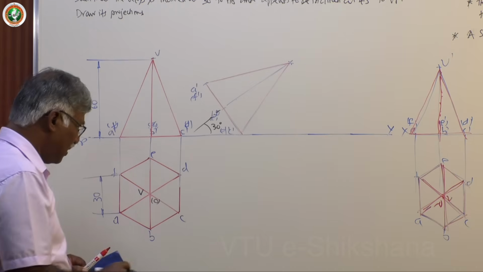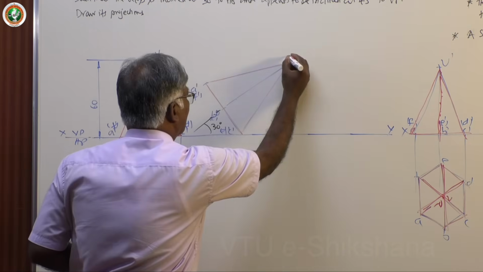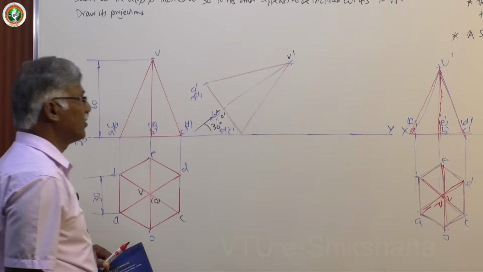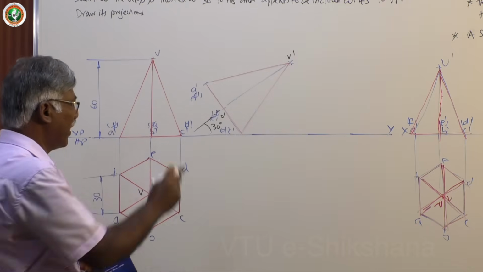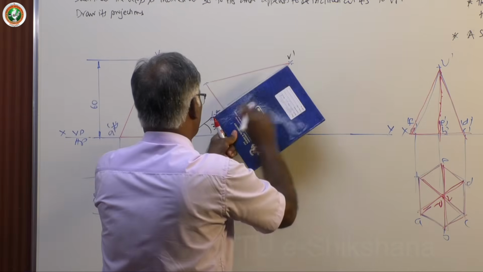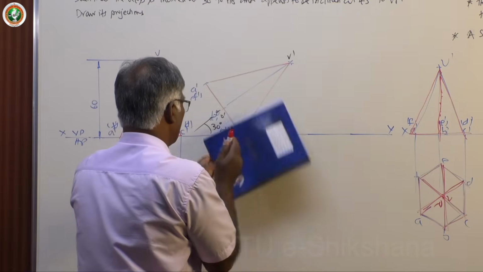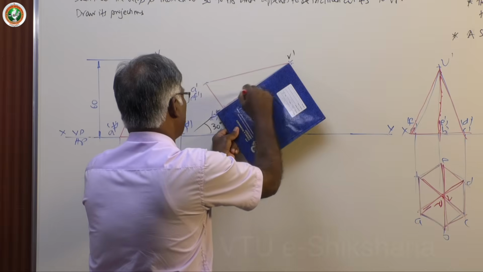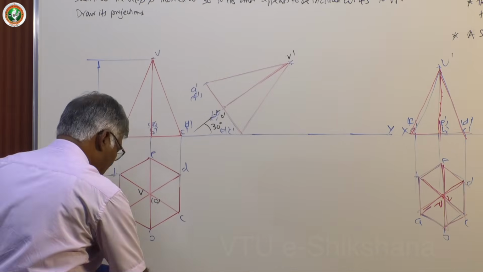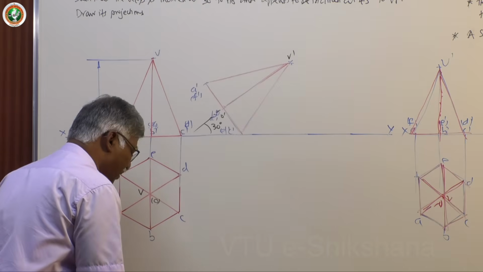Now V dash, O dash. This is the axis. Now again this is not covered, assuming that it is always the axis reference, so it should be dark as in the first figure. Yes.